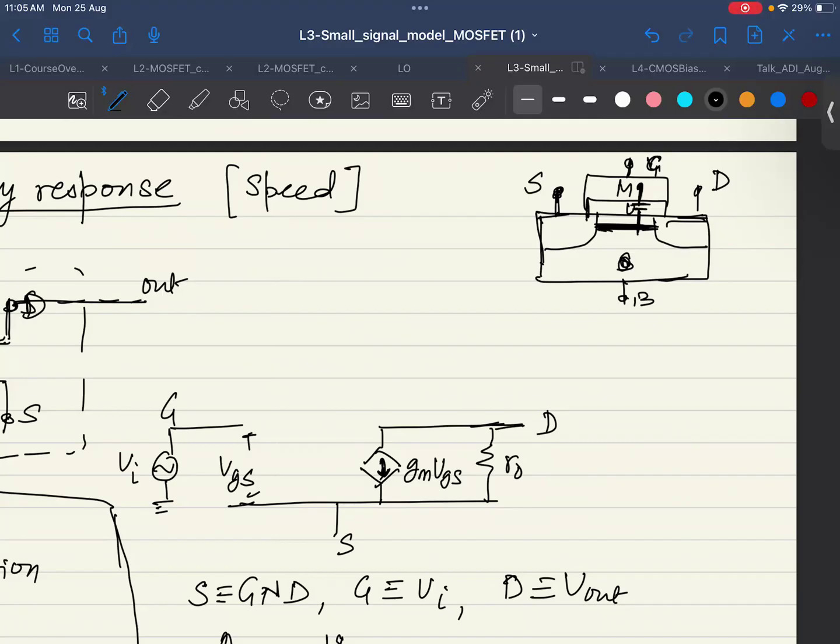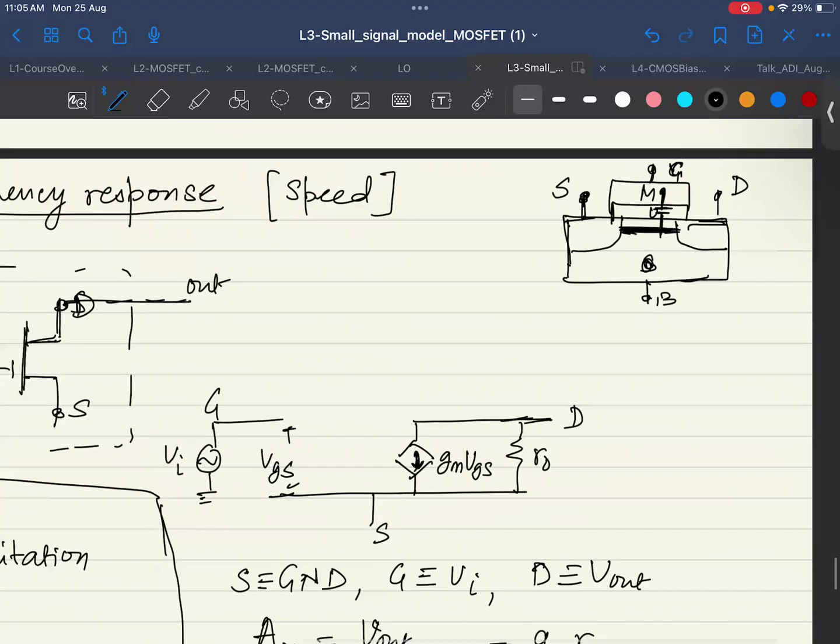The source is claiming one share, and the drain is going to claim its share. So we can see these two capacitances, CGS, which is what we call the gate to source capacitance.